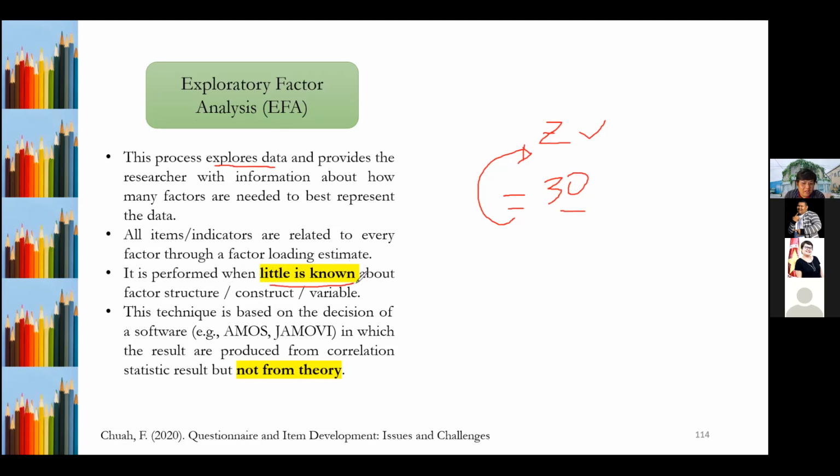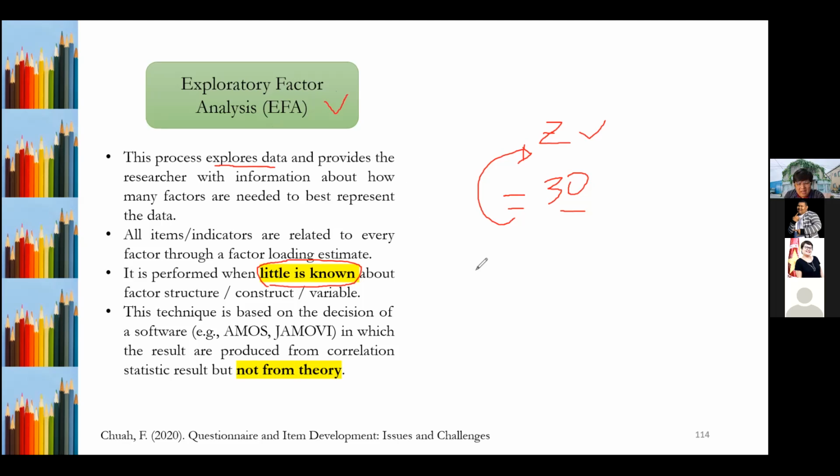When I say little is known, there may be an existing instrument but it is not clear, or the studies are lacking, or there are no studies at all. That's the reason, as I mentioned, if you are developing an instrument because there is no existing literature or existing measurement for that particular construct, then you can use exploratory factor analysis.